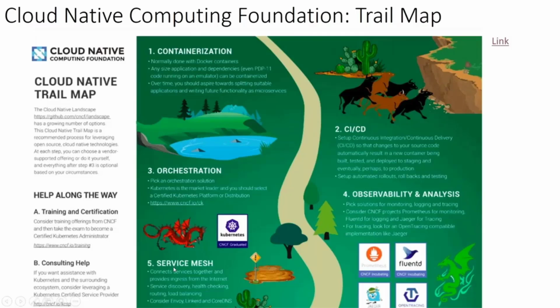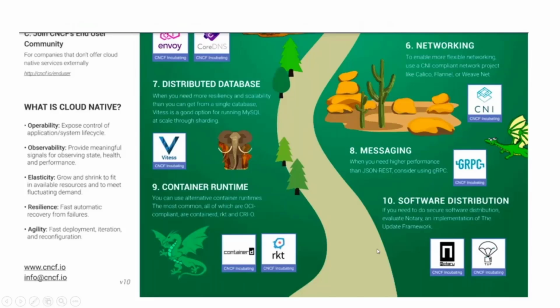There's some other things here, service mesh. We'll talk about that a bit. That's more of an emerging topic, which is basically a cluster level thing you install to control and monitor more closely how your services inside your cluster are talking to each other. The other ones are, you know, networking, database, messaging.